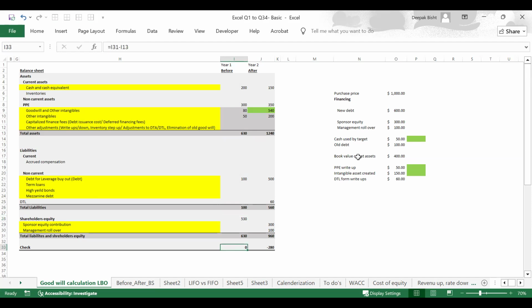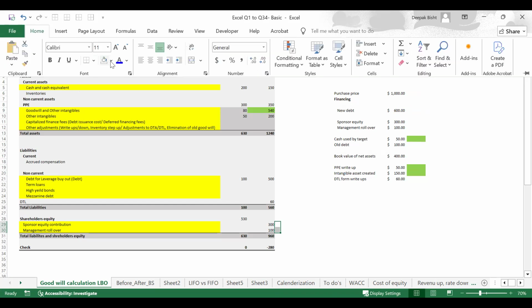Okay, so now, as per the question, let's understand this. We have a purchase price of $1,000, and the new debt raised was $600. Sponsor equity was $300 and $100, which we have plugged in here.